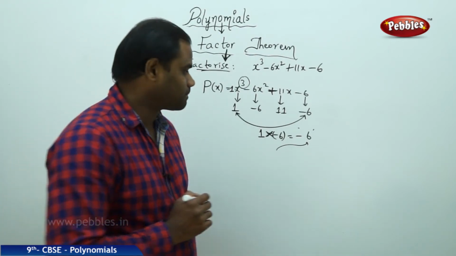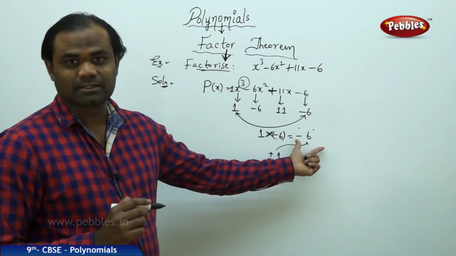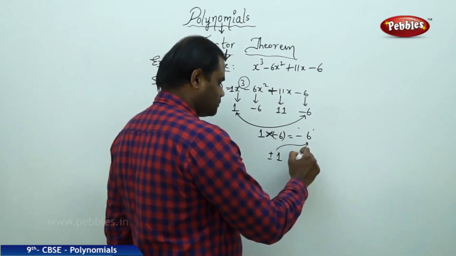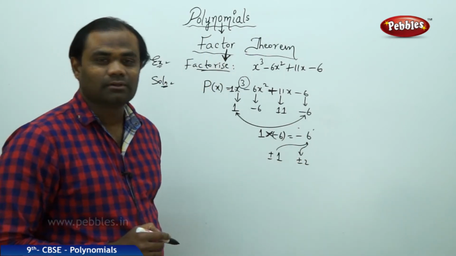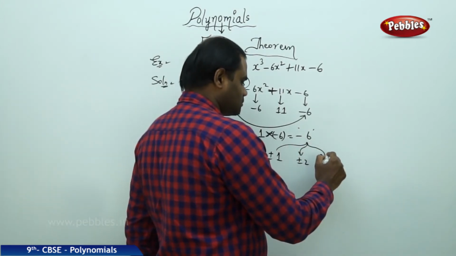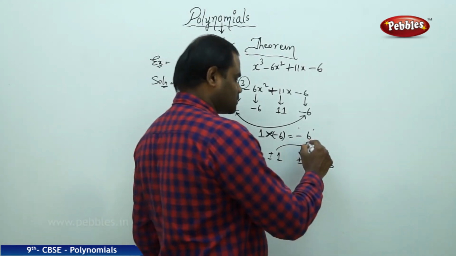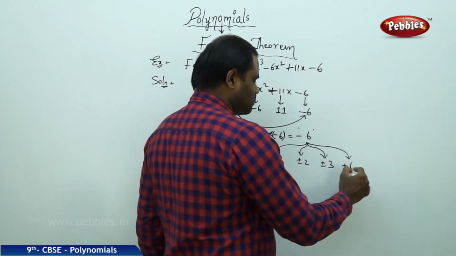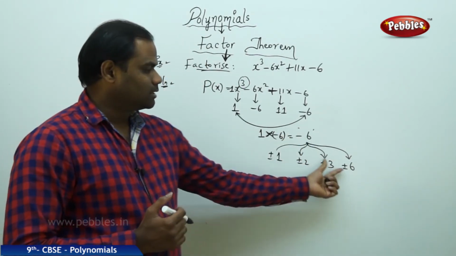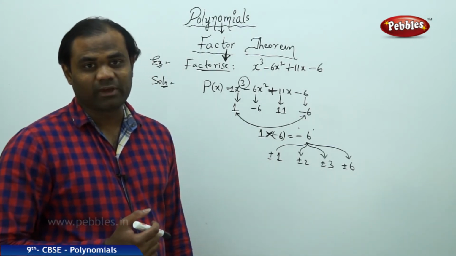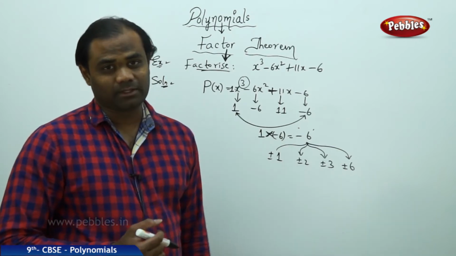As we know, plus and minus 1 is one of the factors for minus 6, and then plus or minus 2 is a possible factor. Plus or minus 3 is also a possible factor, and plus or minus 6 is a possible factor. So I have in total 4 sets of possible factors: plus or minus 1, plus or minus 2, plus or minus 3, and plus or minus 6.